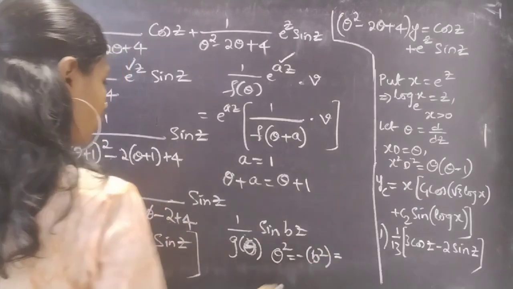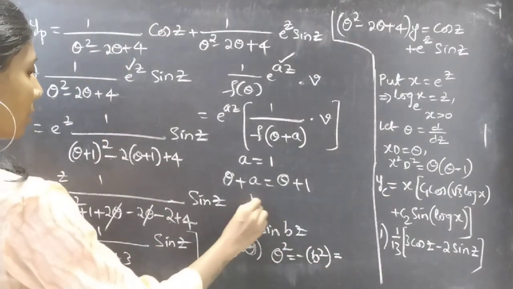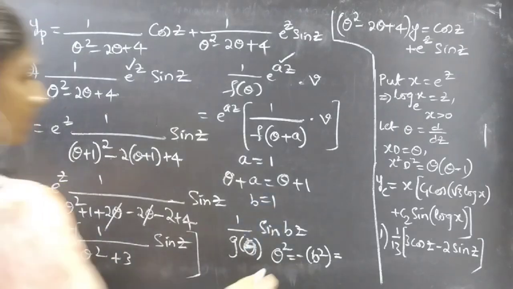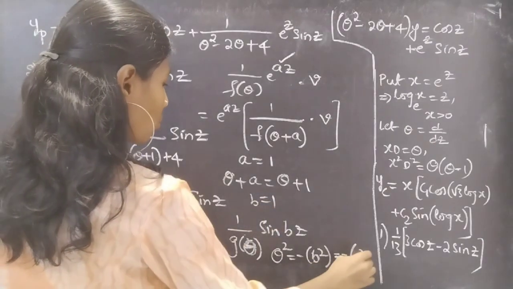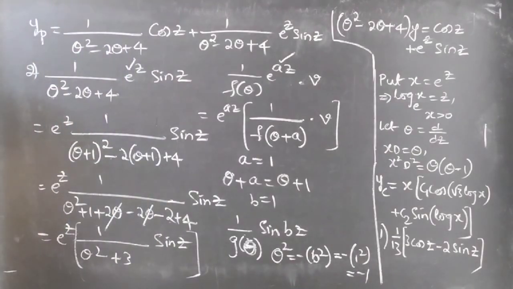Just compare sine z with sine bz, then for b equals 1, we'll get theta square equals minus 1 square, which is minus 1. By replacing theta square by minus 1 in the denominator, we'll get a denominator which is non-zero. Always remember that the denominator must be non-zero.